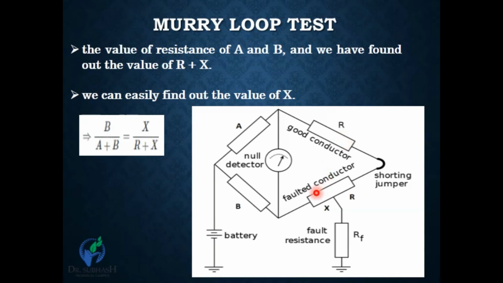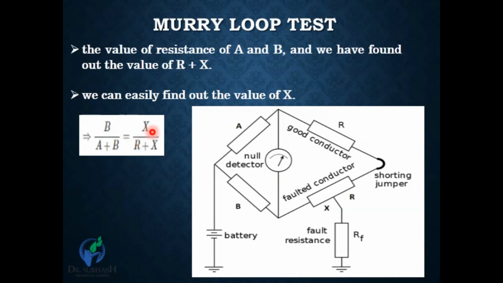Now for the faulty cable conductor, we know the total resistance of the faulty cable conductor using the data sheet of the conductor. So R plus X is the total resistance of the good conductor plus the faulty conductor. The R plus X value is determined by the manufacturer's data sheet.